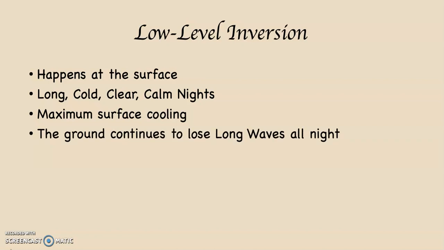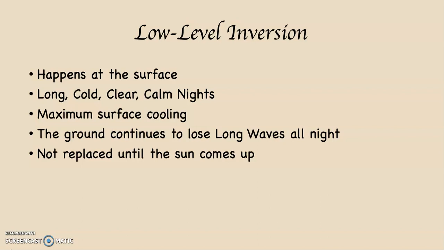The ground, of course, continues to lose long waves all night. You know that the surface of the planet is never going to reach 0 degrees Kelvin. And as long as something doesn't get that cold, it continues to radiate energy away from its body. Well, on long nights, the Earth is losing long-wave radiation, and that is not replaced until the sun comes up.